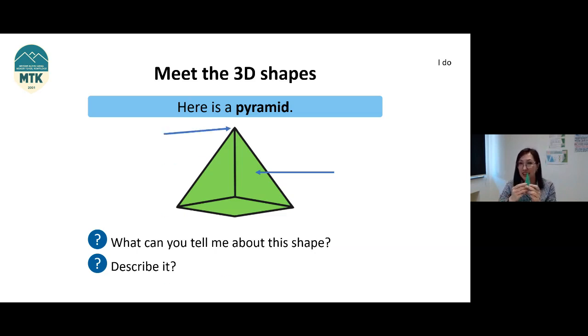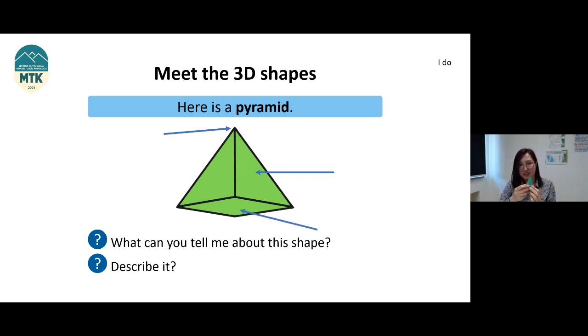Let's take a look at the next property. What is this? Is it the edge or vertex? That's the vertex. Well done. So how many vertices does it have? 1, 2, 3, 4, 5. 5 vertices.